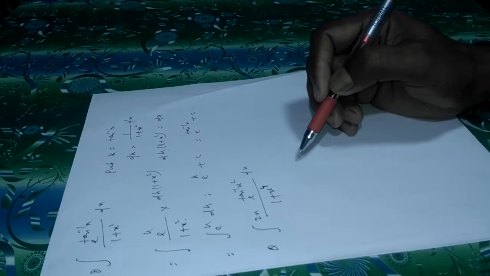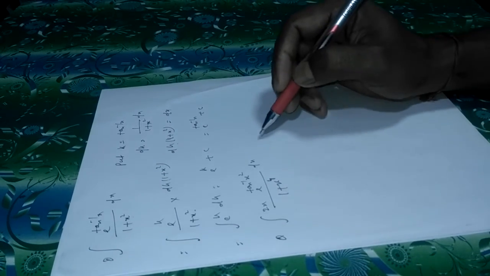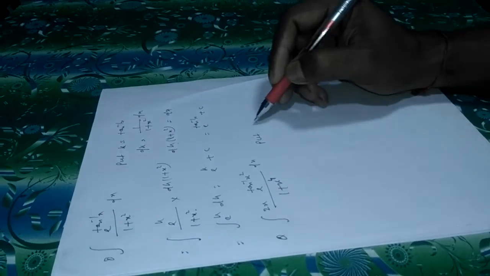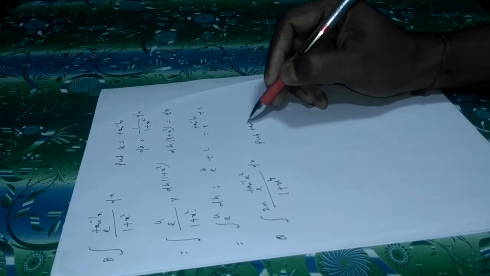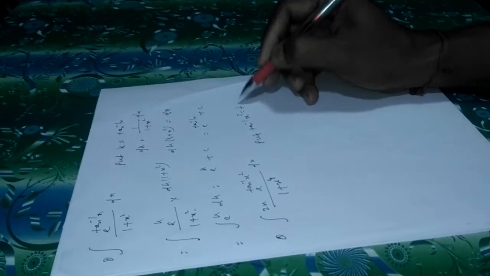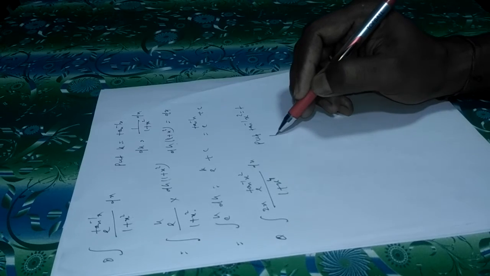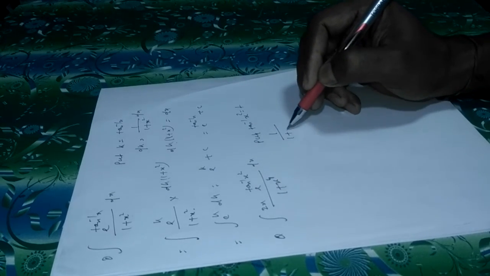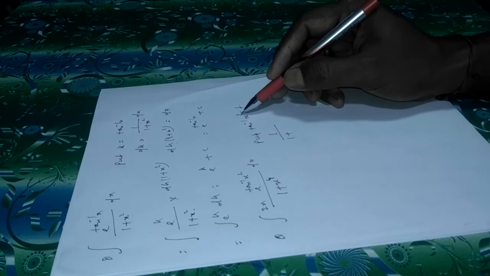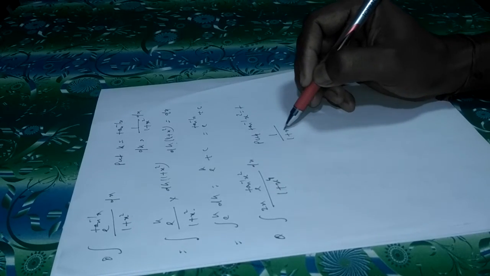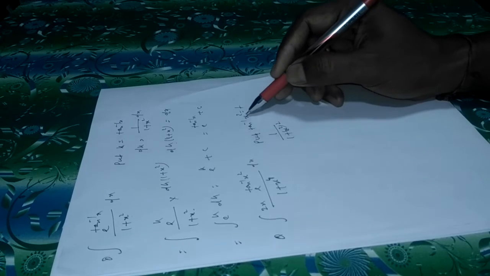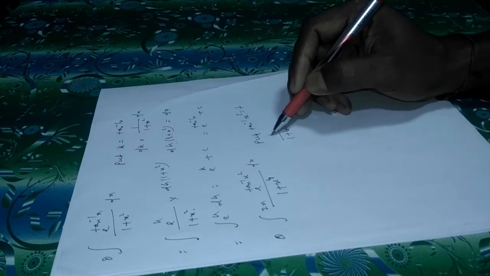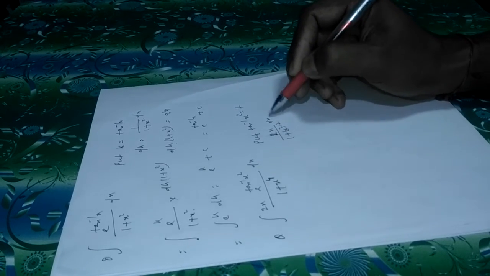Similarly, put tan inverse x square equal to t. Then what is the derivative of tan inverse x? That is 1 by 1 plus x, where x is x square, so x square squared. And what is the derivative of x square? The 2x. 2x dx into dt.